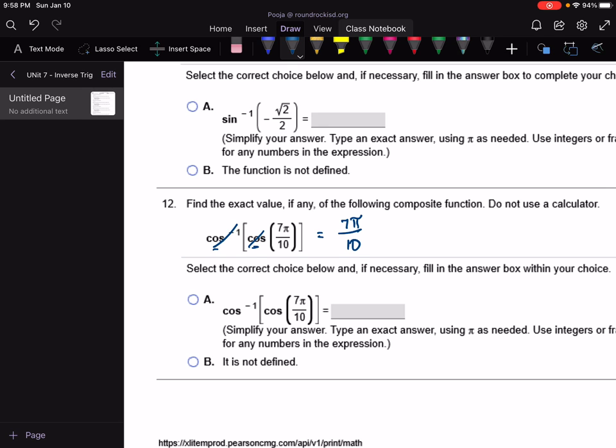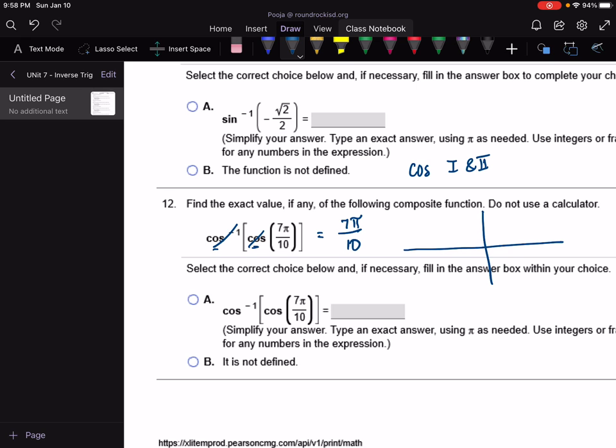The only thing I need to check is, is this in the right quadrant, an acceptable quadrant for cosine? Now, cosine's acceptable quadrants are first and second only. Why? Because the inverses are restricted from 0 to pi, which I explained in the lesson earlier, the reasons for restrictions.